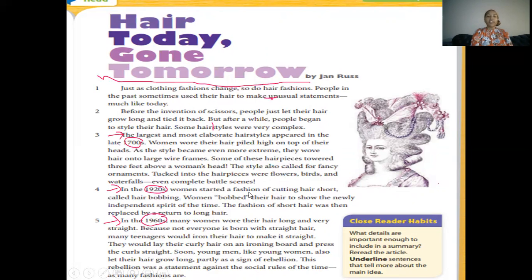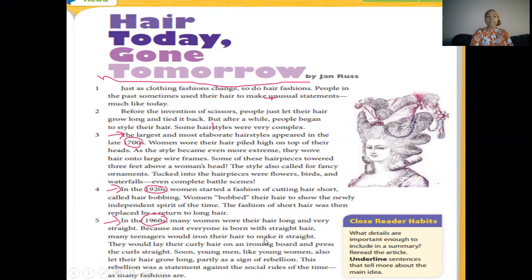In the late 1920s, women started a fashion of cutting hair short called hair bobbing. Women bobbed their hair to show the newly independent spirit of the time. The fashion of short hair was then replaced by a return to long hair. In the 1960s, many women wore their hair long and very straight.